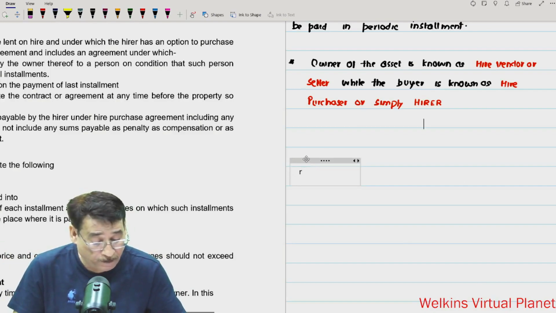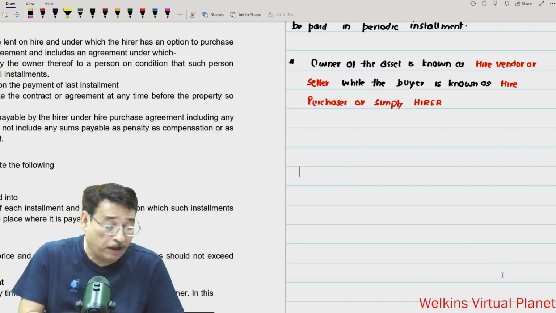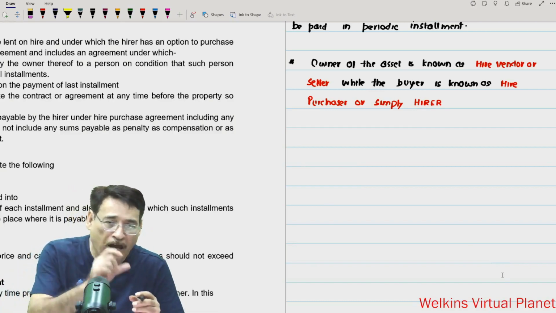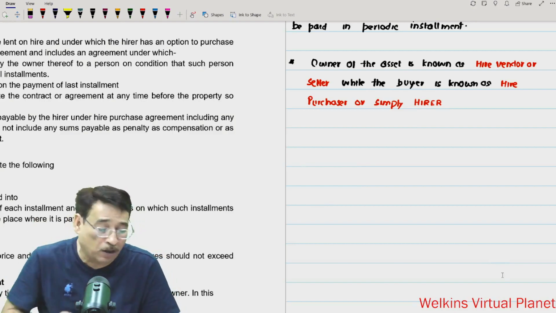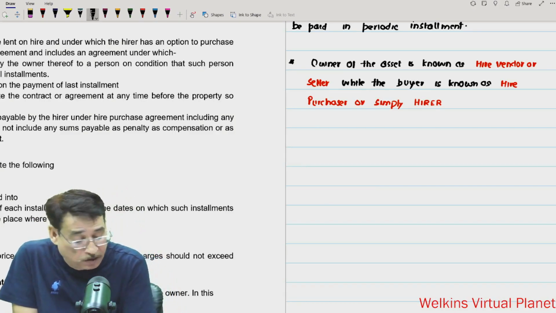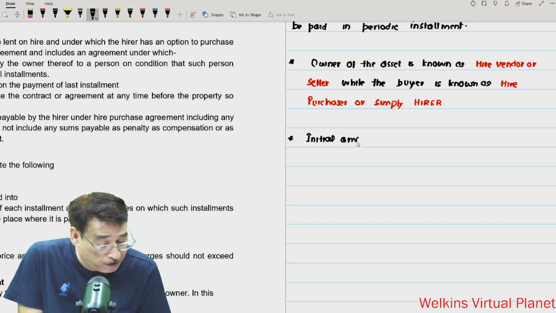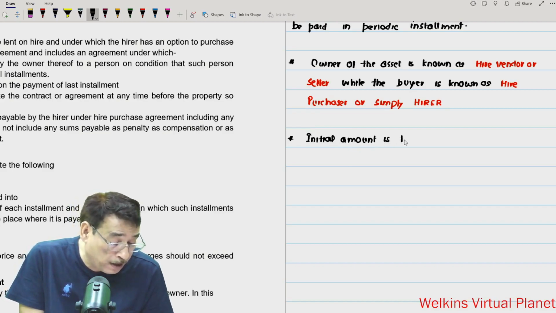Yes, sir. Then further, what you should be aware of regarding this particular fact. I told you, when the buyer takes the asset, he will have to pay some initial amount. That initial amount is known as, what?